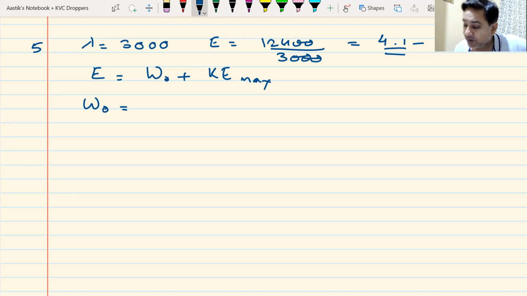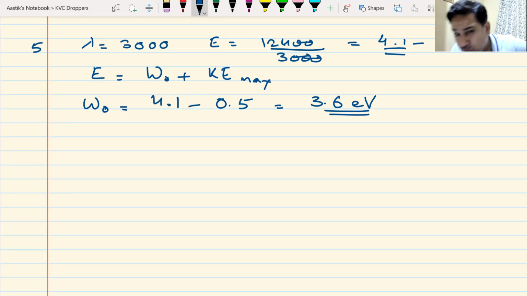So work function will be E minus maximum kinetic energy. E is 4.1 minus 0.5. So the answer will be approximately 3.6 electron volts is the work function. Yes or no?